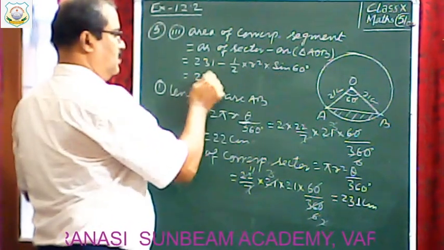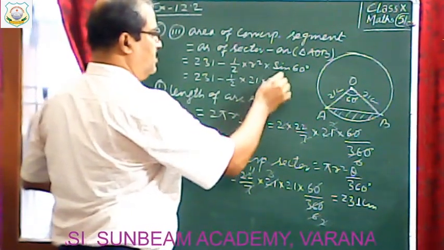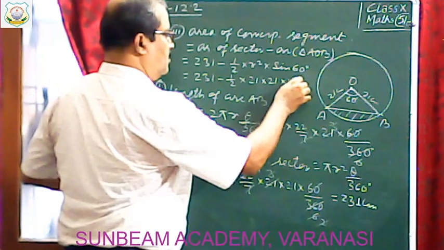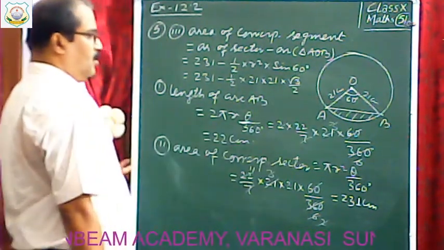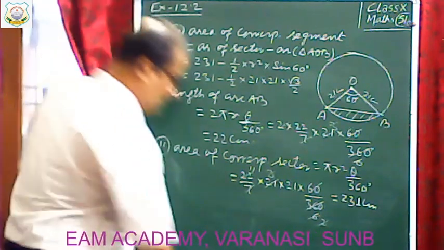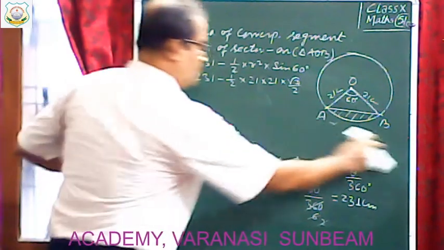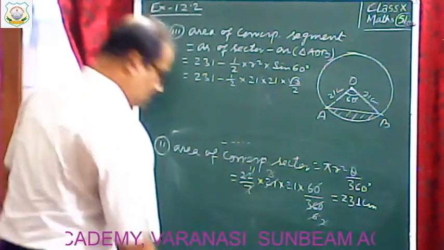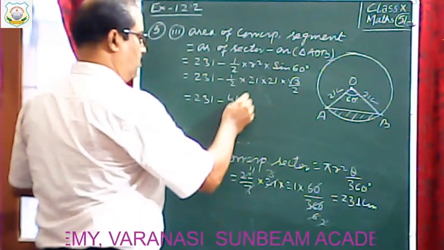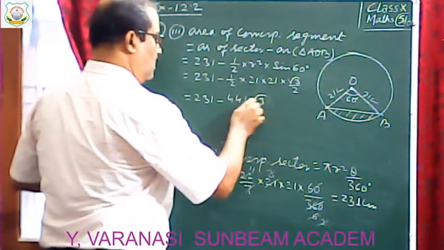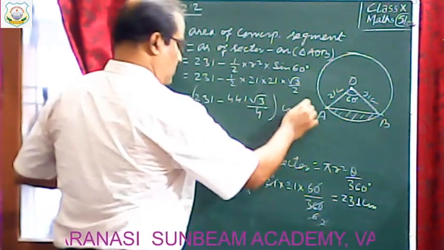So 231 minus 1 by 2 into 21 into 21 into sin 60, square root 3 by 2. 441. 231 minus 441 root 3 by 4 centimeters square.